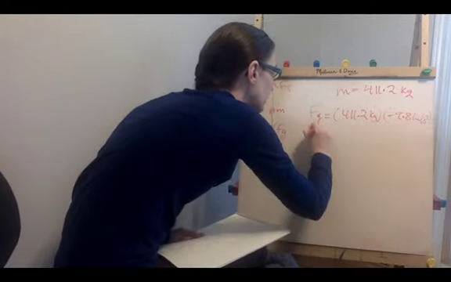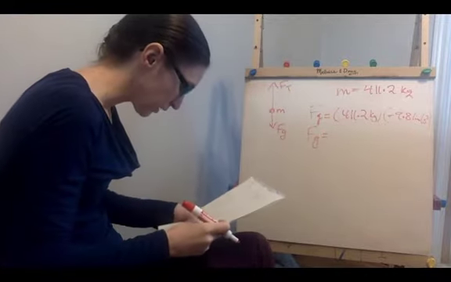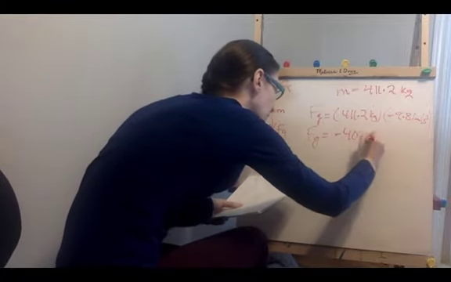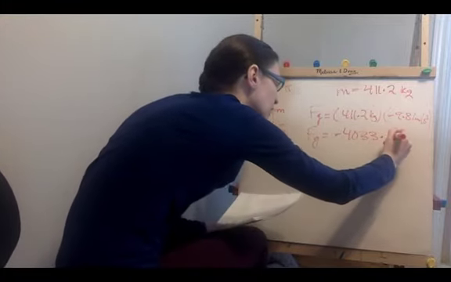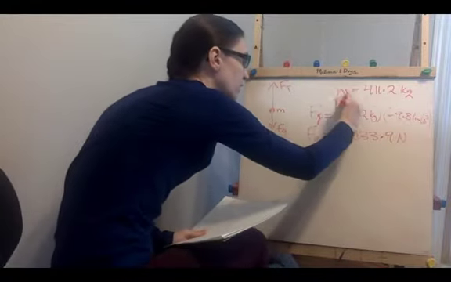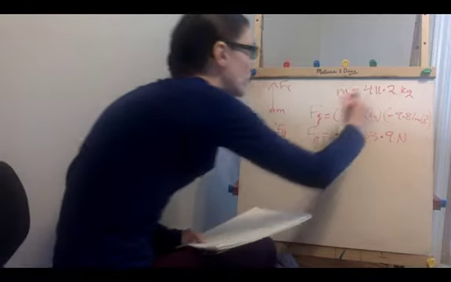So my force of gravity ends up being negative 4,033.9 newtons.